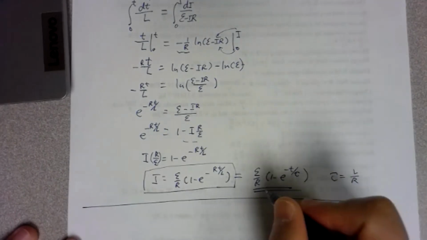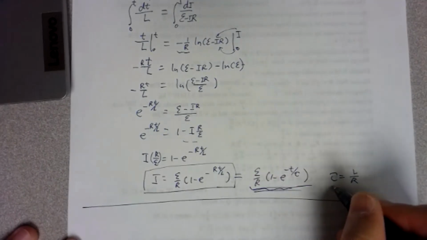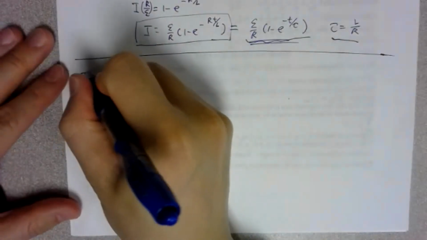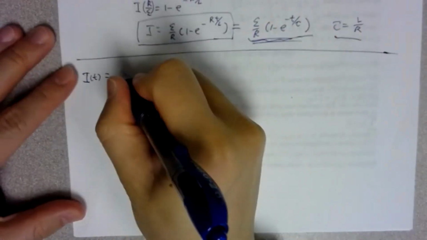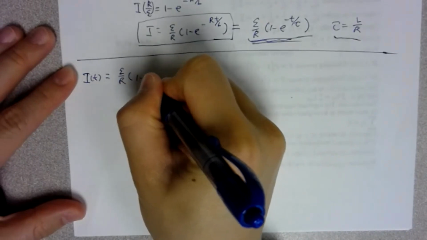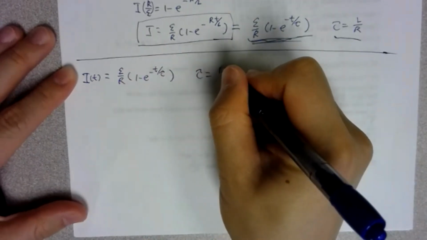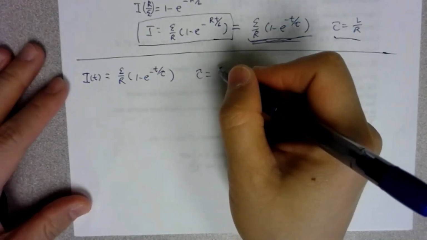We'll take probably this one, and then type in that. I as a function of time t equals epsilon over R, 1 minus e to the minus t over tau, tau being L over R.